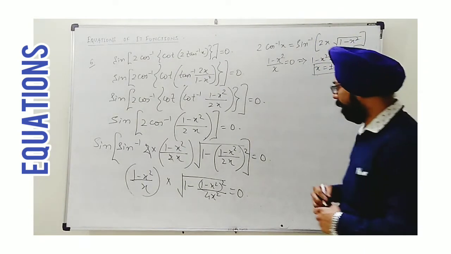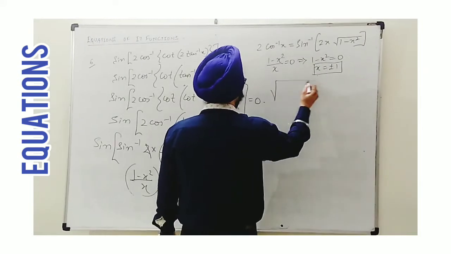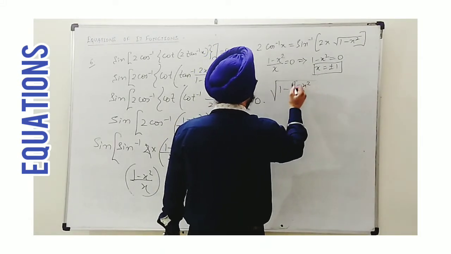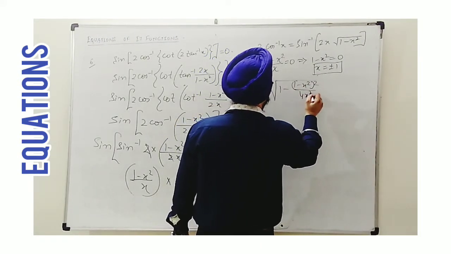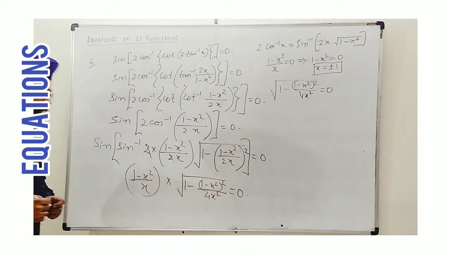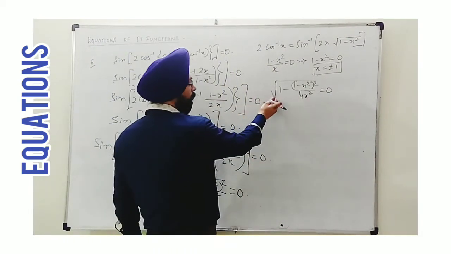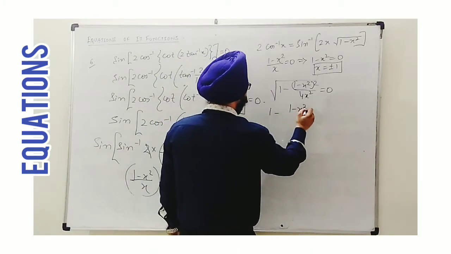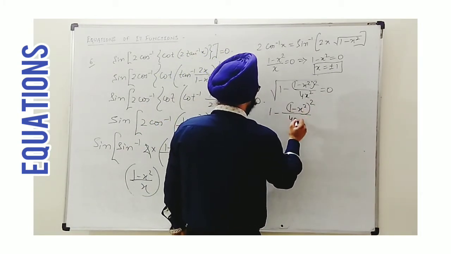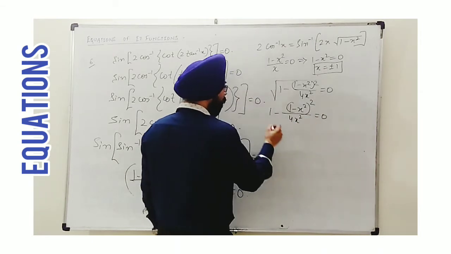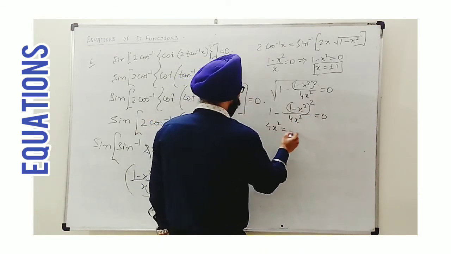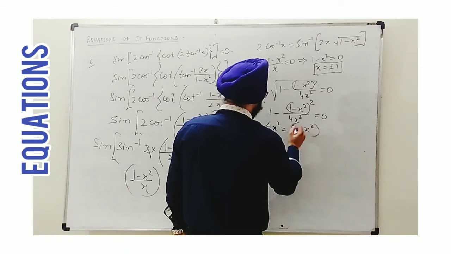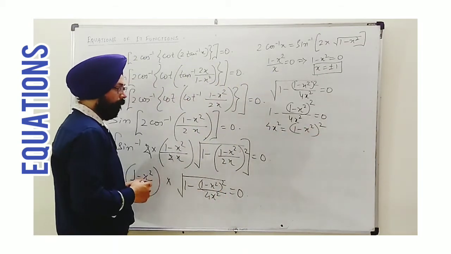Next will be simplified by taking the other factor as 0. If I take the square root term, √(1 − x²)² upon 4x², as 0, then obviously I need to square both sides to eliminate this square root. So I am having (1 − x²)²/4x² = 0, or I can say 4x² is equal to (1 − x²)².